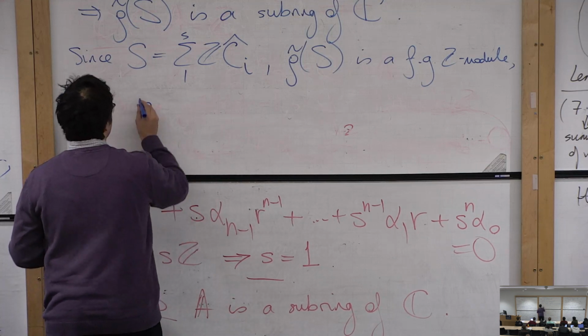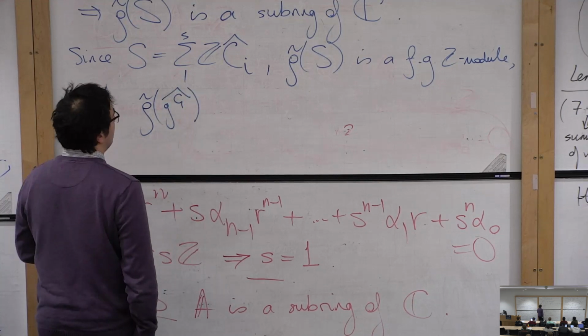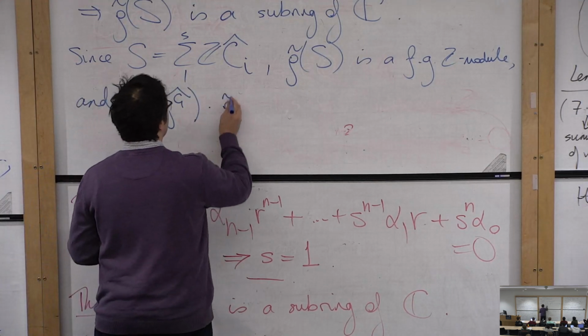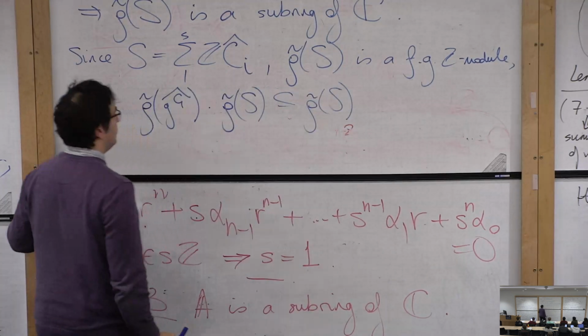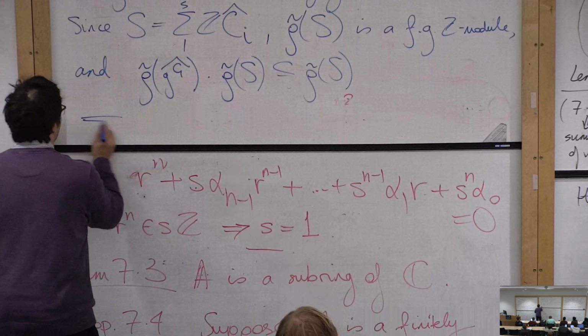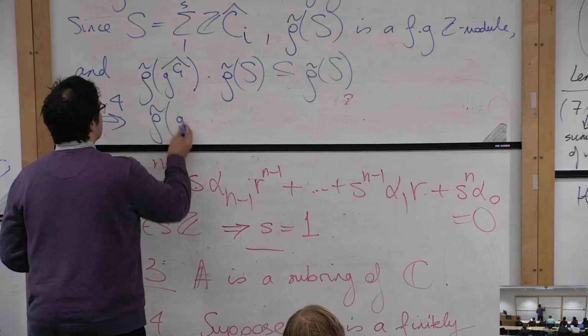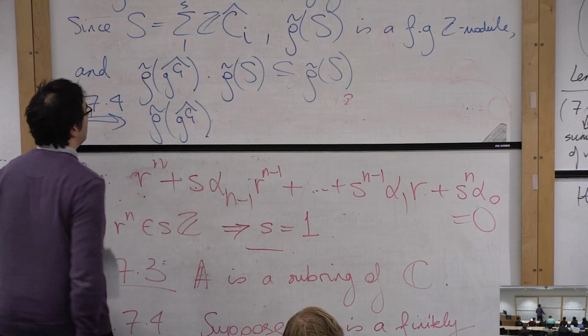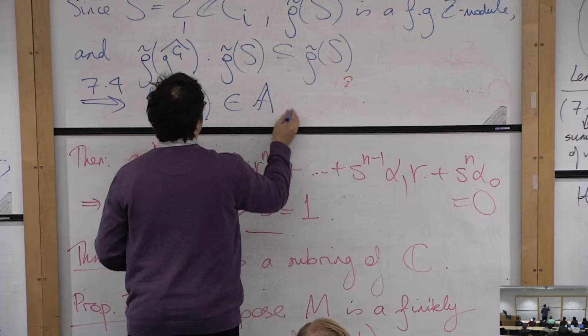Well, rho tilde of G to the G hat preserves it. Right? And so by proposition 7.4, this thing is an algebraic integer.